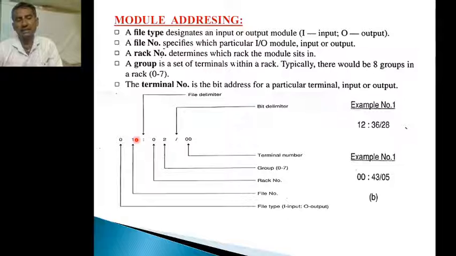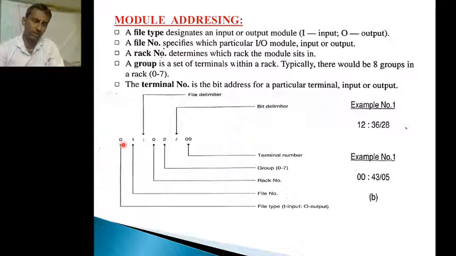At what rack the module is present can be given by the rack number. And next the group number. In that particular rack, the modules are placed in groups, and the groups are designated with numbers, so that group number we can also represent.